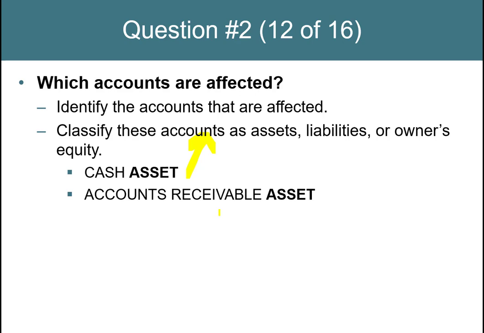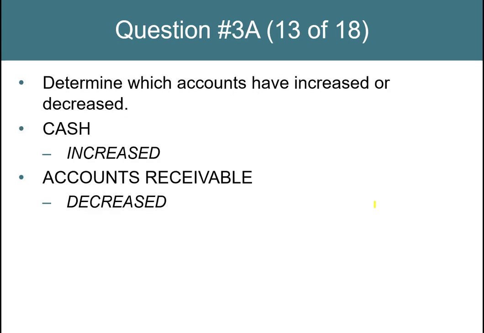This is the amount of money that we expect to receive from our clients. So when we receive the payment from the clients, this account should be reduced. So cash increases, accounts receivable will decrease.